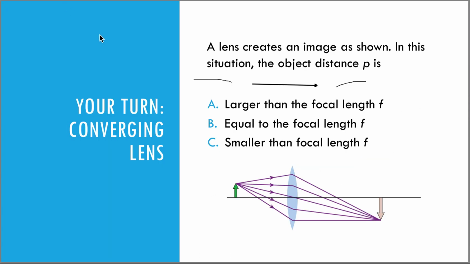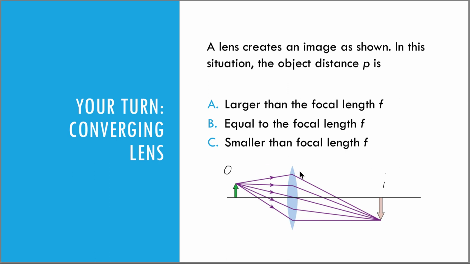Let's look at one more question to finish up this section. In this case, based on this ray diagram and the properties of the image formed here, this is the object here, this is the image, we need to be able to tell exactly where the object is placed.